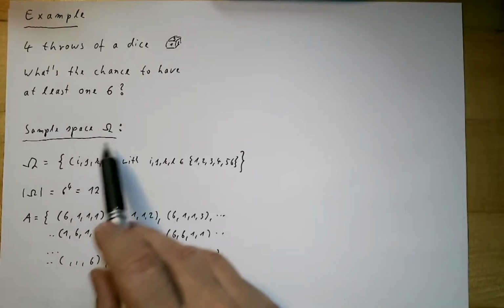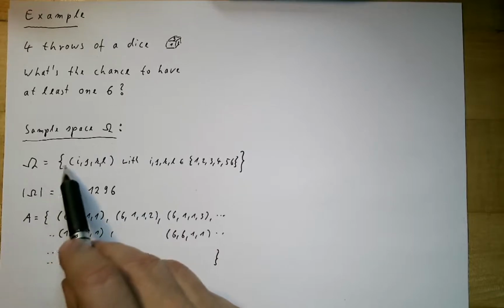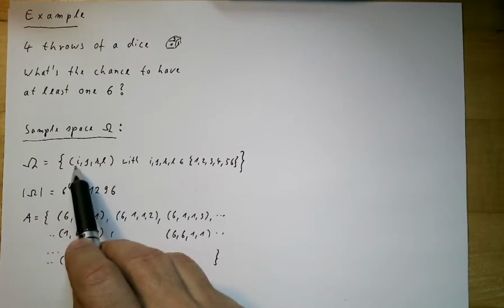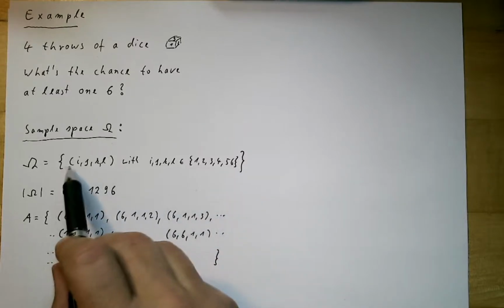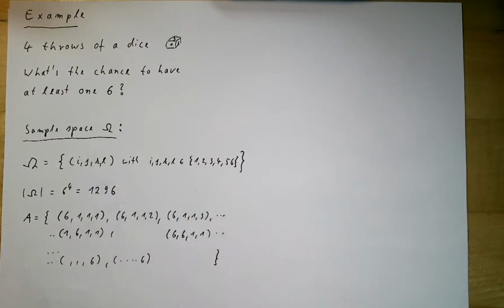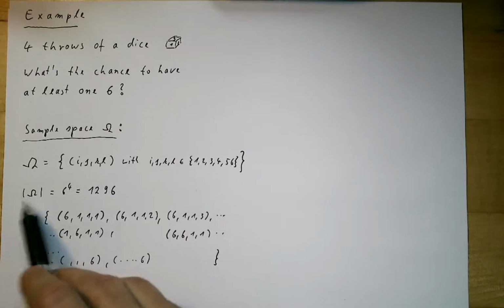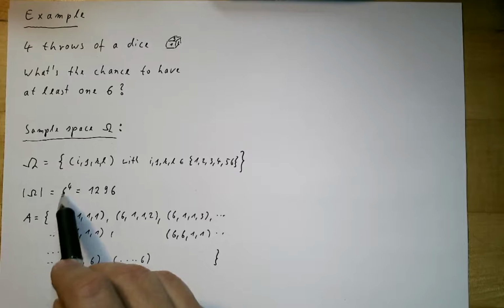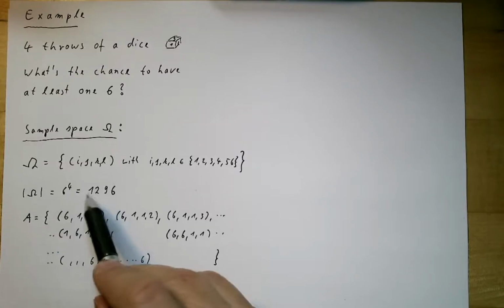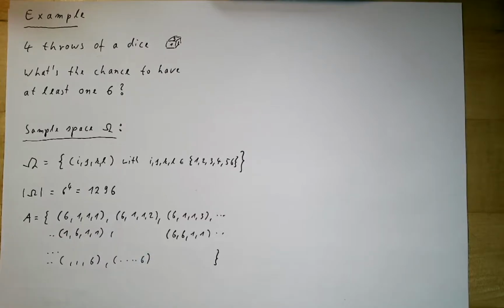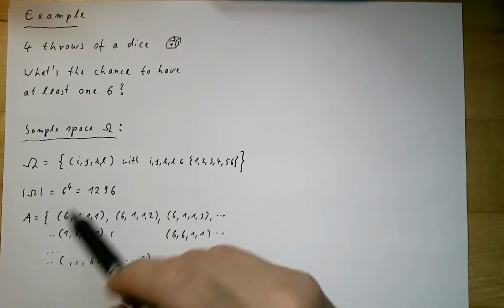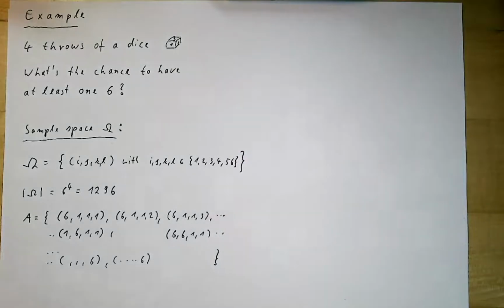The sample space omega is the set of all tuples of numbers between 1 and 6. Then we can calculate the size of this set. That's 6 to the power of 4, which is 1296. So there are over 1,000 different possibilities for the outcome of throwing a dice 4 times.